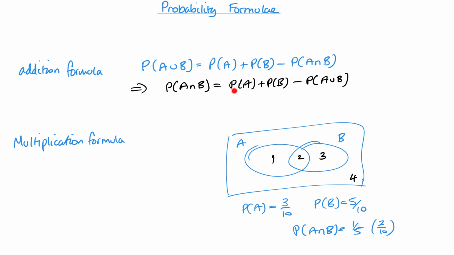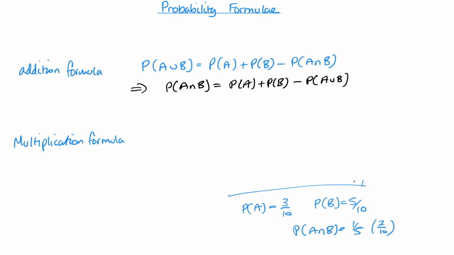So when I do probability of A plus probability of B, I'm actually doing 2 lots of the probability of A intersection B, which is why I take away A intersection B. So probability of A union B, which is all of this, is probability A plus probability B minus one of the intersections as I counted them twice. And that's where that formula comes from.